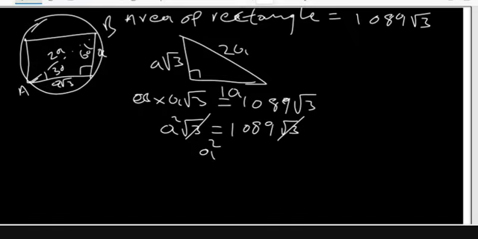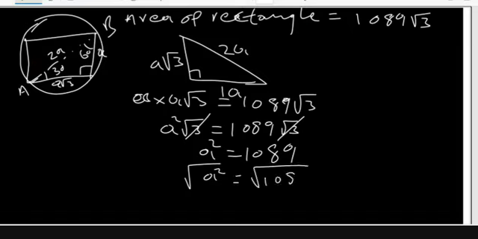Now A squared is going to be equal to 1089, which means if you take the square root of both sides, A is equal to the square root of 1089, which is going to give us 33. So we have gotten our A to be 33.